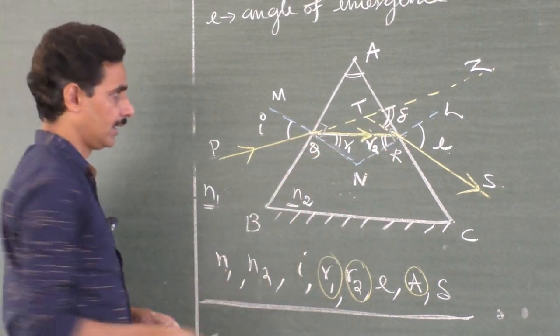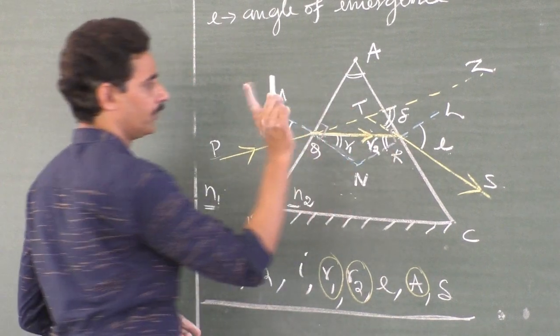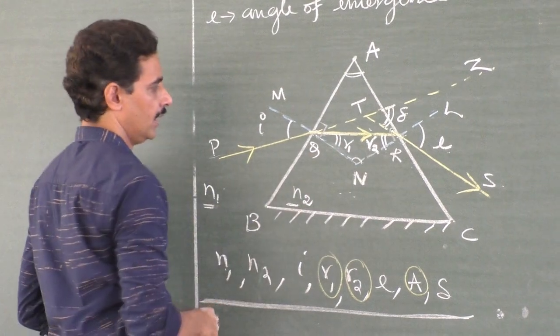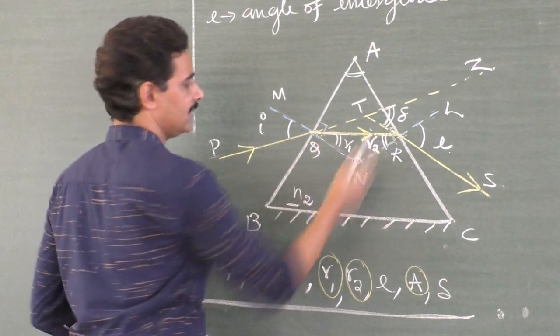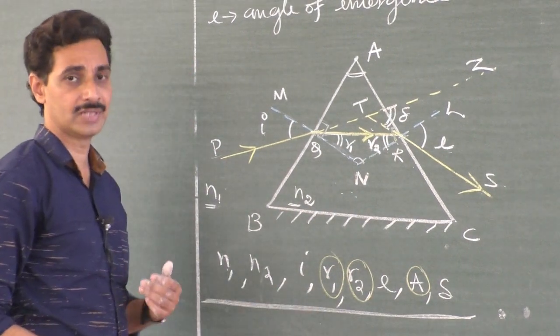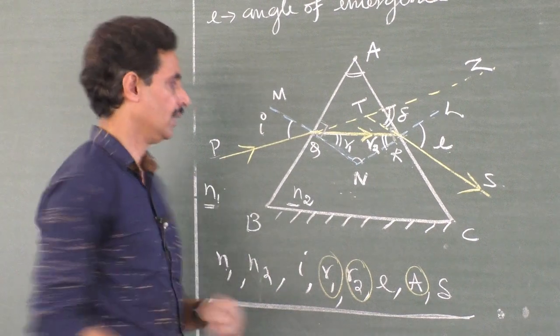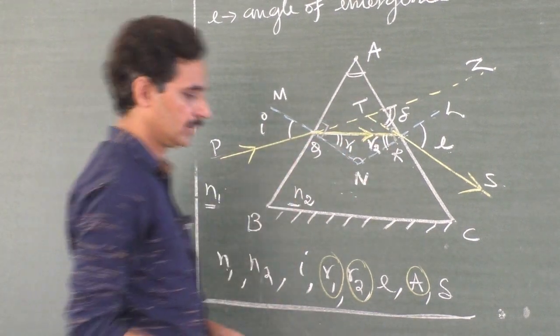In a quadrilateral AQNR, the four angles are A, N, and this 90 and this 90. Already 90 plus 90, 180 is finished out of 360. Sum of the angles of a quadrilateral must be 360. Already 180 is finished. What should be the remaining? So it should be 180.